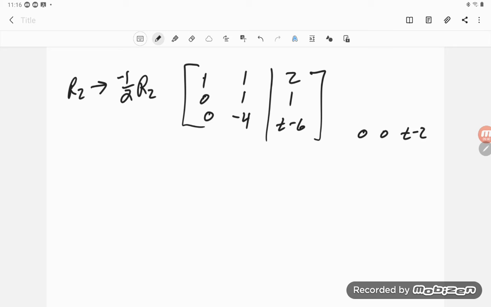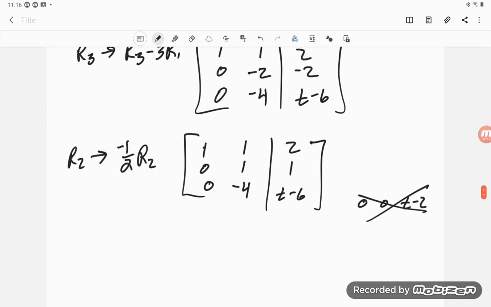And possibly that's correct. However, it looks like what they did was they added 4 to both sides of that bottom row. And I don't think that's right. So I think what they ended up with there is incorrect, because I'm pretty sure about that t minus 6.